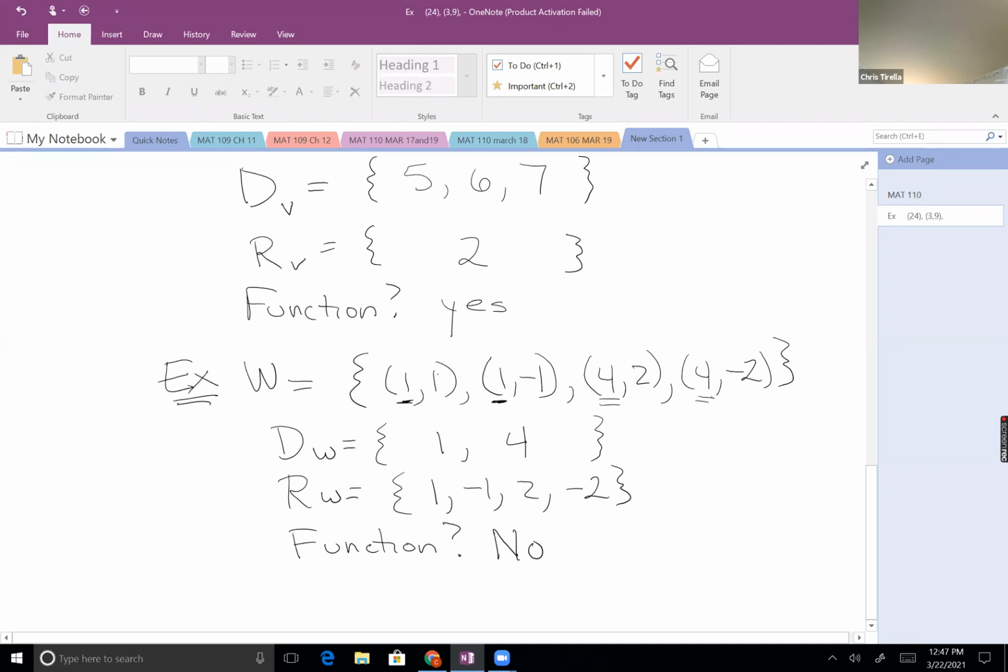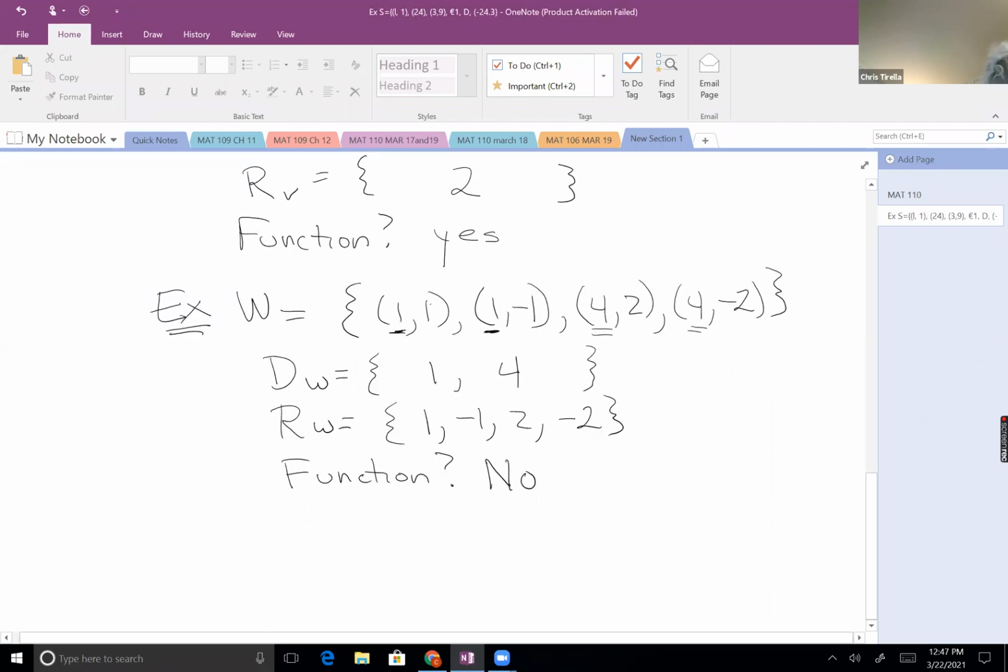Likewise, 4 appears twice, so 4 is paired with 2 different members of the range. So it's not a function. Everybody all right with that? Any questions?